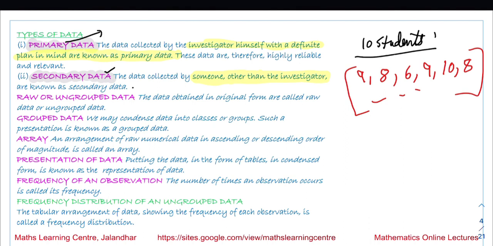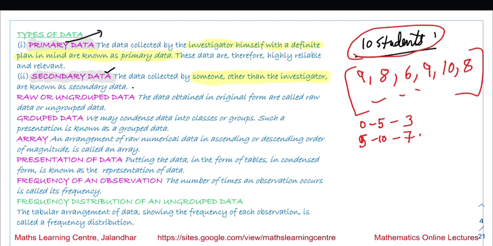Next we are saying grouped data. Grouped data means, in place of writing the marks in this form, we say that the number of students having marks 0 to 5 is, say, 3. Then the number of students having marks 5 to 10 is 7, as there are total 10 students.